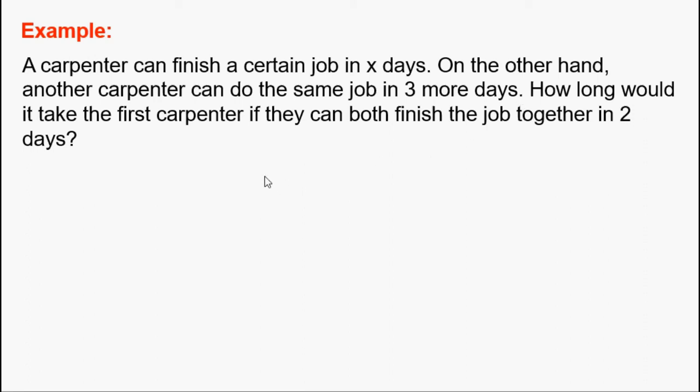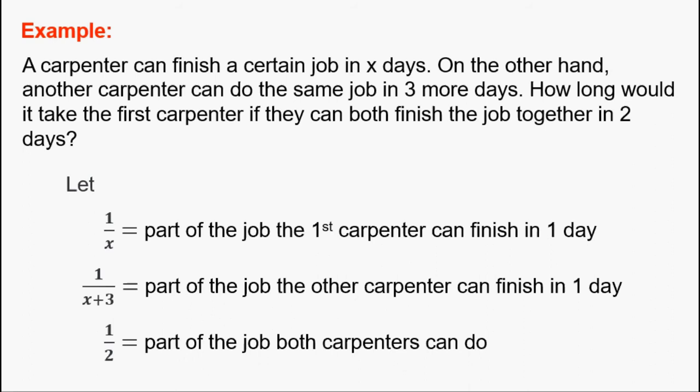Hindi natin alam. Kaya, we represent their work in fractions and we let x as their work. So, we have 1 over x is equal to part of the job the first carpenter can finish in 1 day. X kasi wala naman sinabi ilang araw. Ito yung aalamin natin.